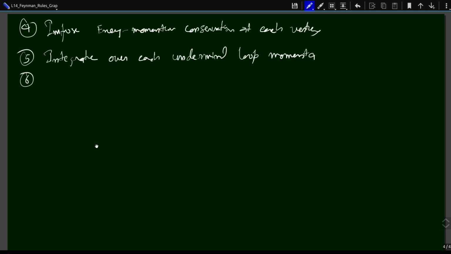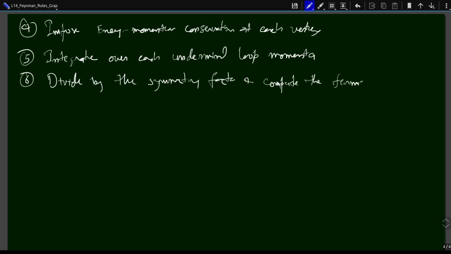Important thing about rule 6 is: divide by the symmetry factor and compute the fermionic sign.